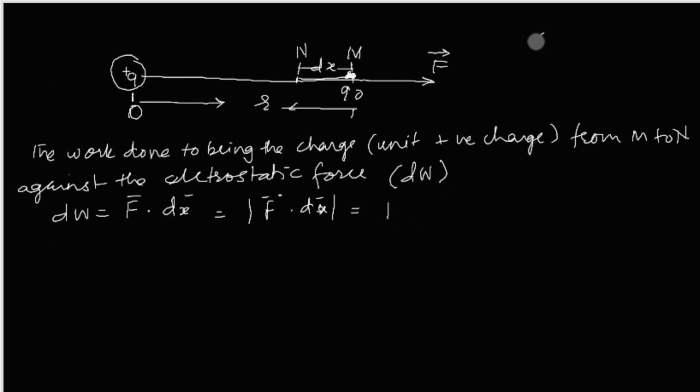If you are taking the dot product of two vectors, then it will be a into b into cosine of the angle theta between them. So here also we take the first vector into the second vector into cosine of the angle between them. So what is the angle between them now?